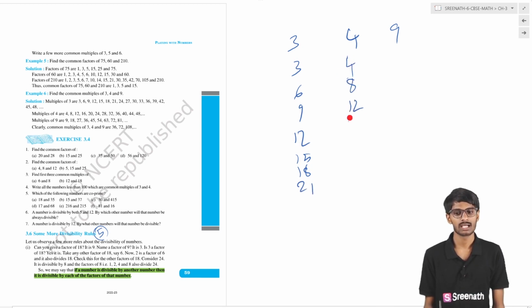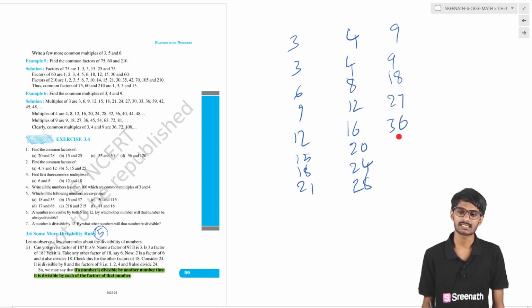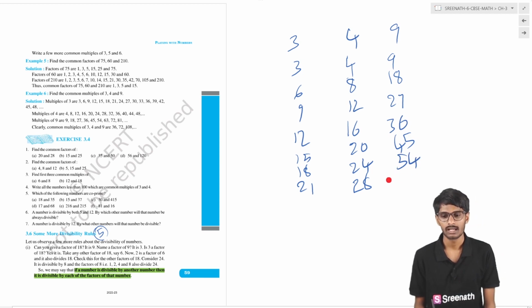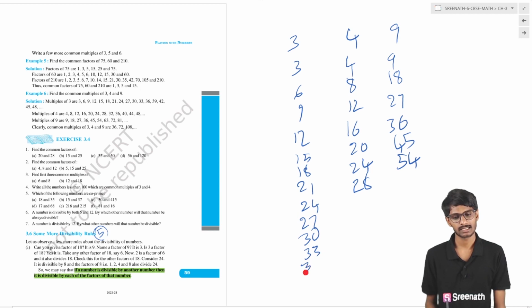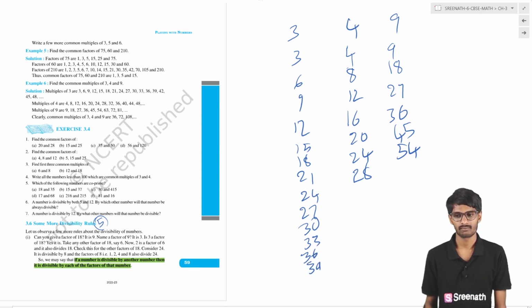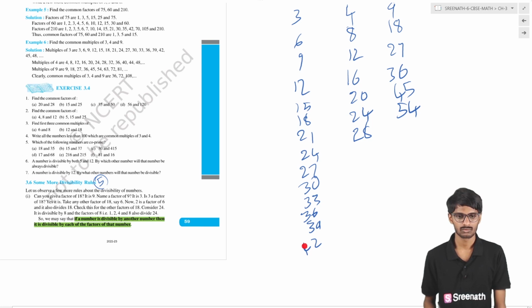4, 8, 12, 16, 20, 24, 28, and so on. For 9: 9, 18, 27, 36, 45, 54, like that. Let us see if there are any common multiples. If we keep increasing the multiples of 3: 24, 27, 30, 33, 36, 39, 42, 45, like that.